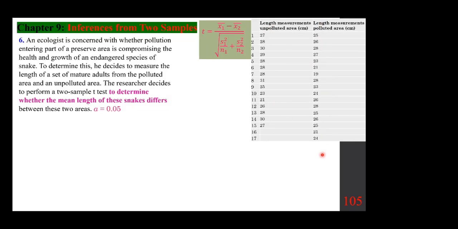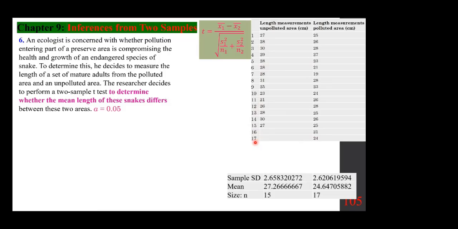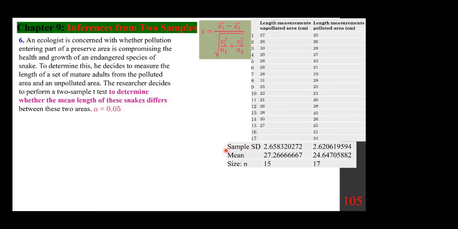We collect data from the two areas, and now we need to do some calculations for each part. So we have the sample size for the first group is 15, for the second group is 17. Now we need to calculate the standard deviation and the mean.